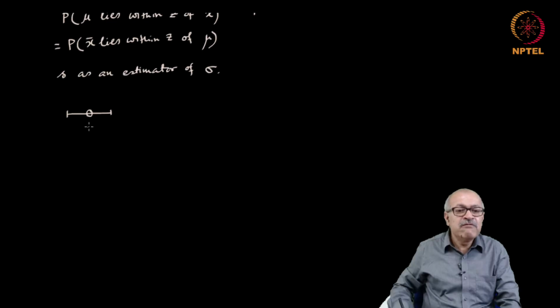This is the value that I have measured, which is x bar, and suppose here is x bar minus the standard error of the mean, and this is x bar plus the standard error of the mean.